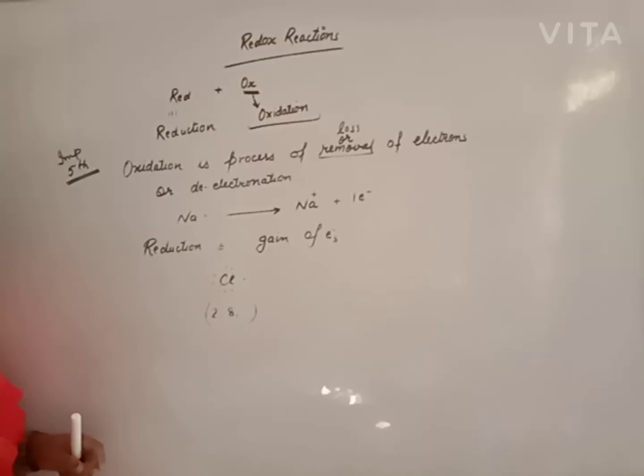Further, beta, what are oxidizing agent and reducing agent? The chemical compounds which cause oxidation and reduction are oxidizing agent and reducing agent. Oxidizing agent is also known as oxidant. Beta, these are the chemical substances which help in oxidation of other.